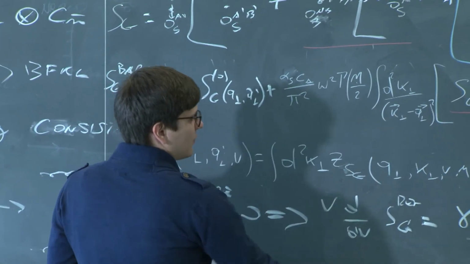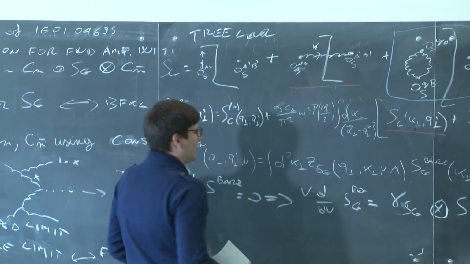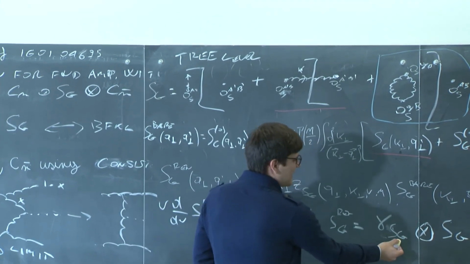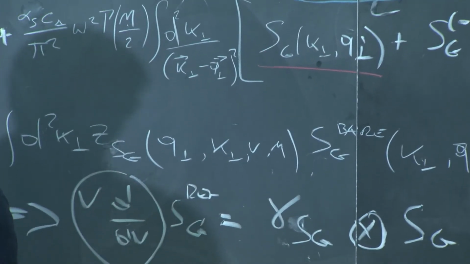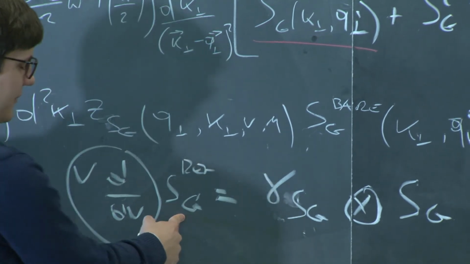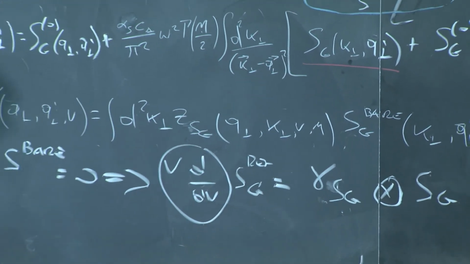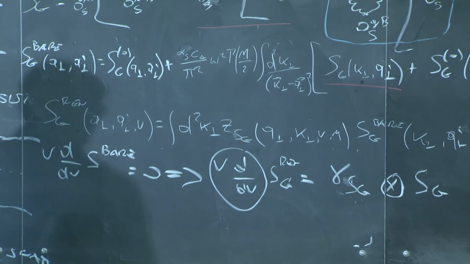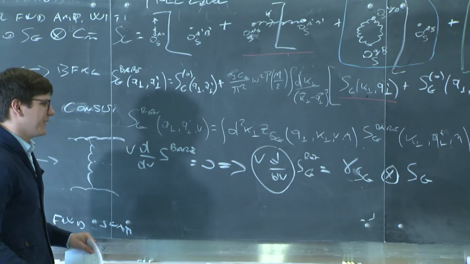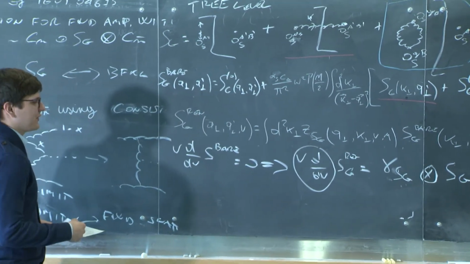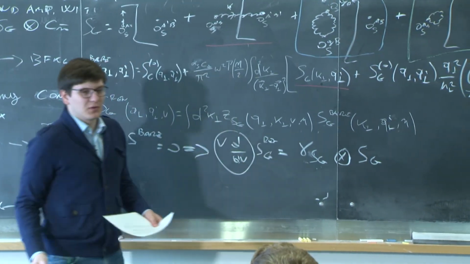From this guy, we can compute the anomalous dimension, and the anomalous dimension is the key ingredient to evolve. I can then solve this equation in nu for the renormalized soft function, and get the all order result in the soft and collinear emissions, and then I can resum all the logs at this point of nu.